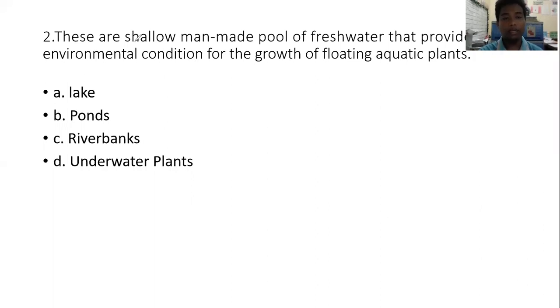So ang man-made pool of fresh water, tawag na to ani ponds.